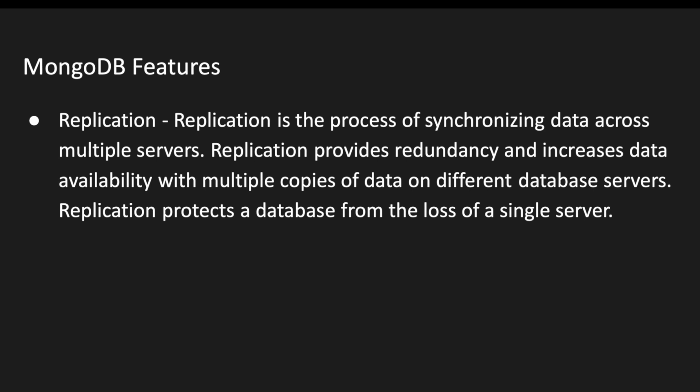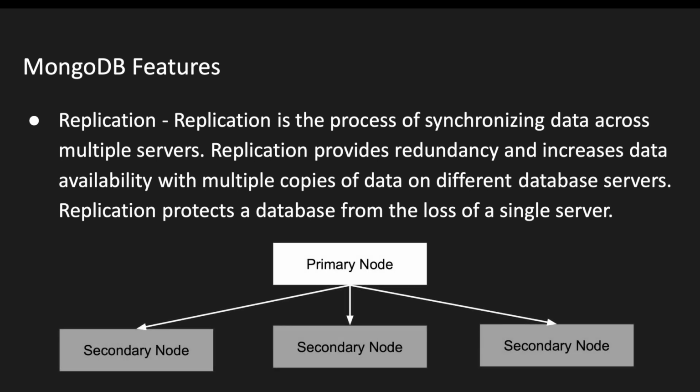Replication protects a database from the loss of a single server. This means it keeps updating the data on other servers so that multiple copies of the same data will be available. If for some reason one server goes down, then another server will have a copy of the data.